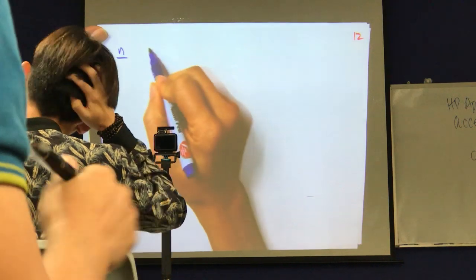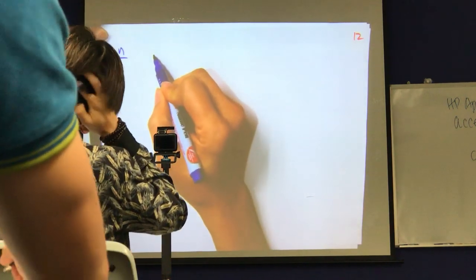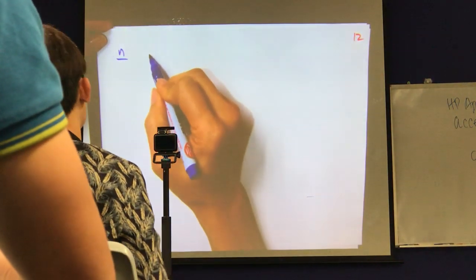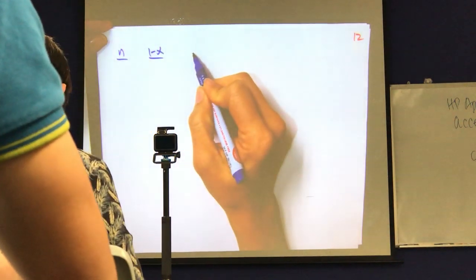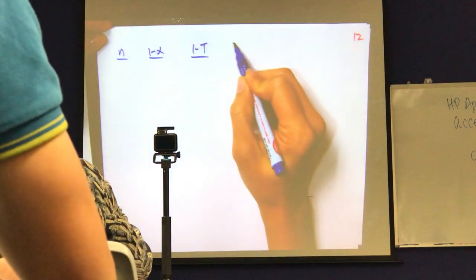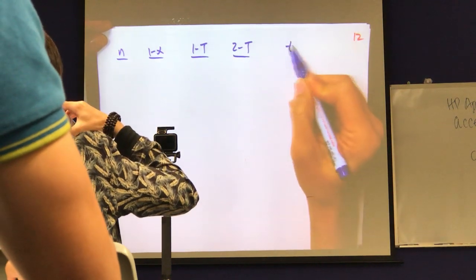Sample size. Let's say 1 minus alpha, 1 tail, 2 tail, T value.